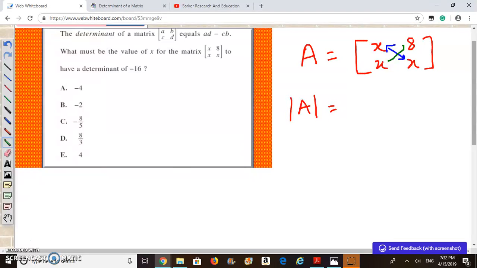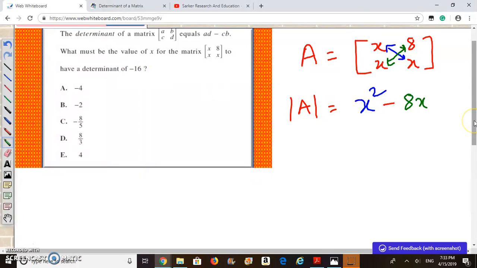And this is in green, and if you remember that the blue one is positive, so x times x is x square, and that is positive, minus, now the green one, 8 times x, that is negative. So it is x square minus 8x. And what is the value of that?